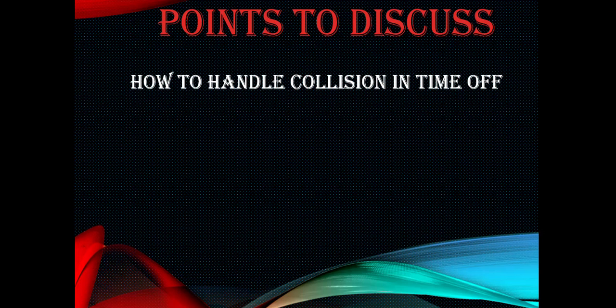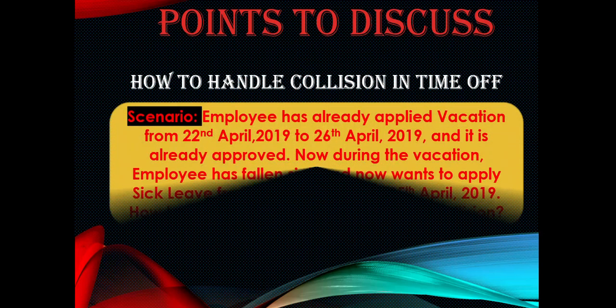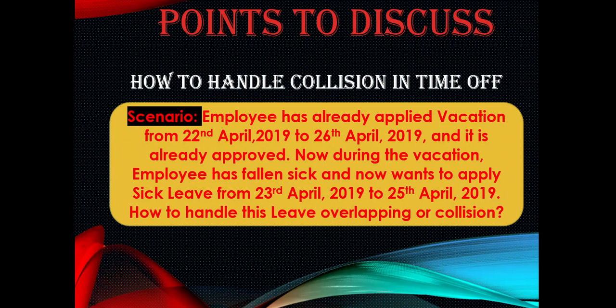To demo this particular configuration, I have picked one suitable scenario. The employee has already applied for vacation from 22nd April 2019 to 16th April 2019, and it is already approved as well.